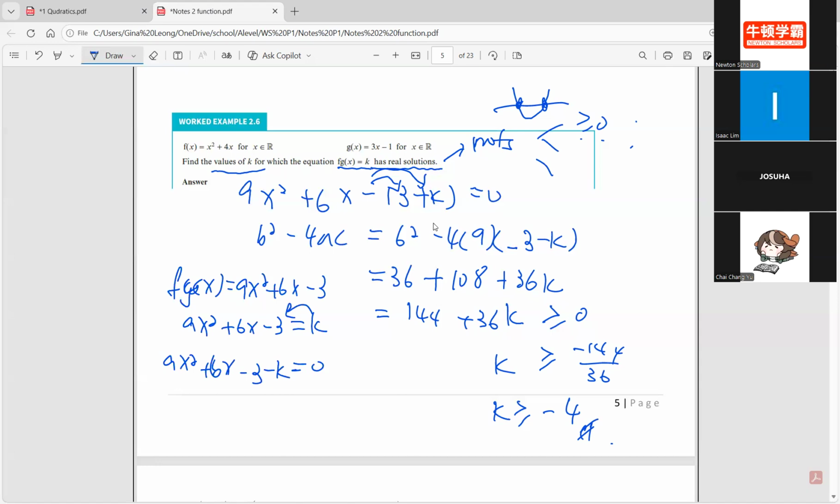Usually the questions they will mix around, you know, like this is chapter 1, right? Even though this topic is chapter 2, the question can come up related to question 1. He also asks a function question. Because he has the real solution or asks to find the k, he relates back to topic 1.